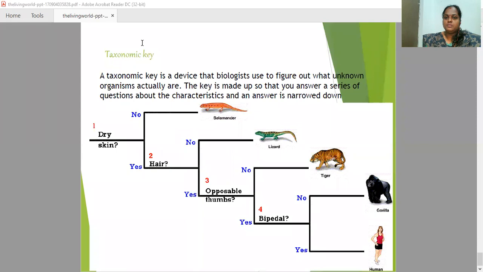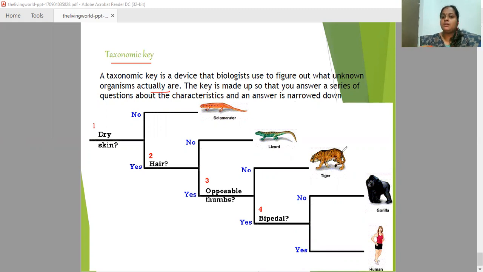Next, we'll move on with the taxonomic key. A taxonomic key is a device that biologists use to figure out what unknown organisms actually are. The key is made so that you answer a series of questions about the characteristics and the answer is narrowed down. We are figuring out the unknown organism. Whether they have skin dry or wet, whether they have hair or not, whether they are bipedal, whether they have opposable thumbs.